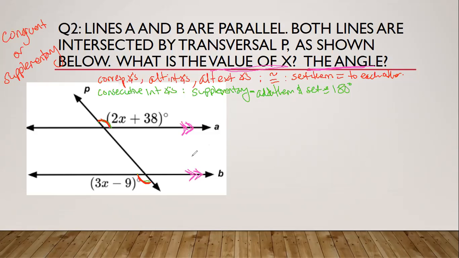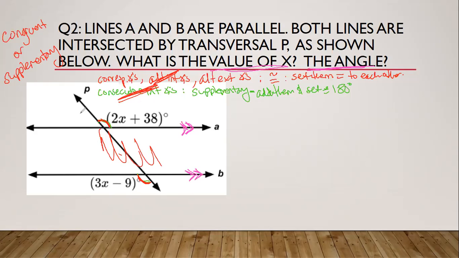So you can start by looking at, are the angles inside or outside? Are they between my two lines or outside my two lines? We can see that they're both outside my two lines. So that means alternate interior is out and consecutive interior is out. Now if they're both outside, then I look at alternate exterior or corresponding.